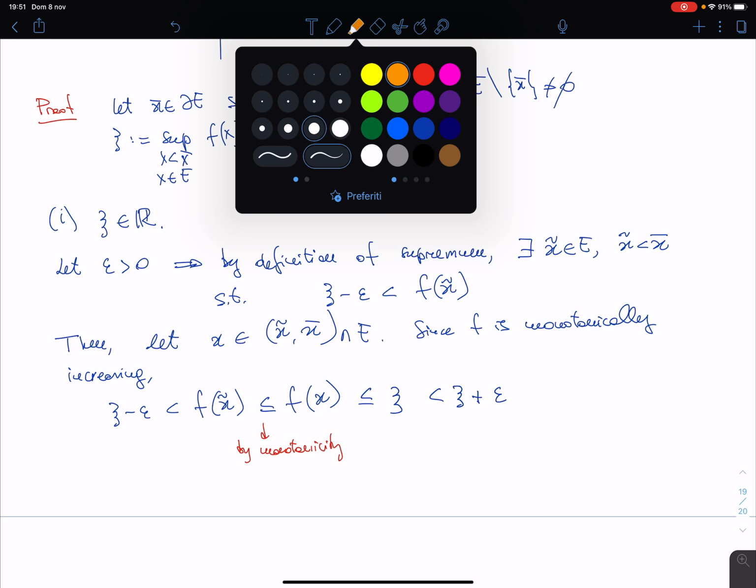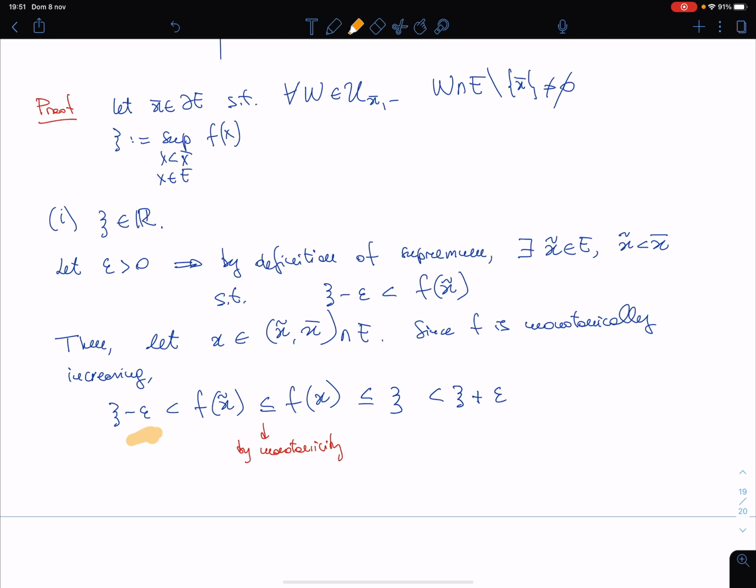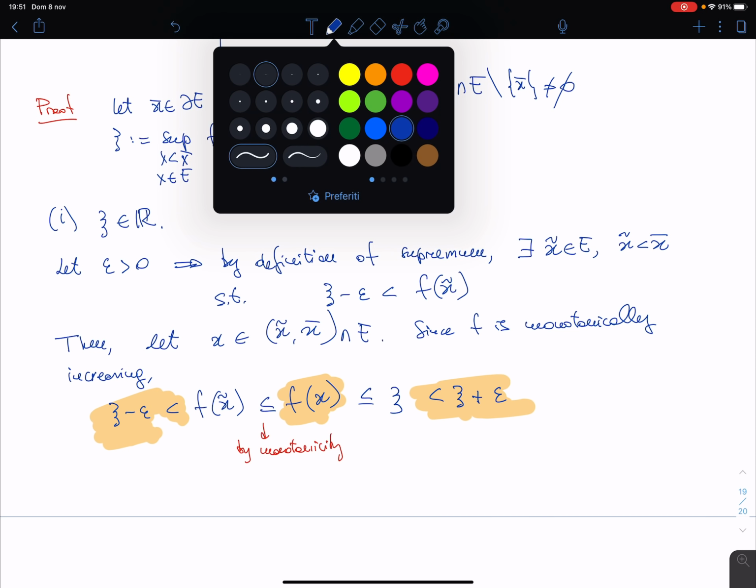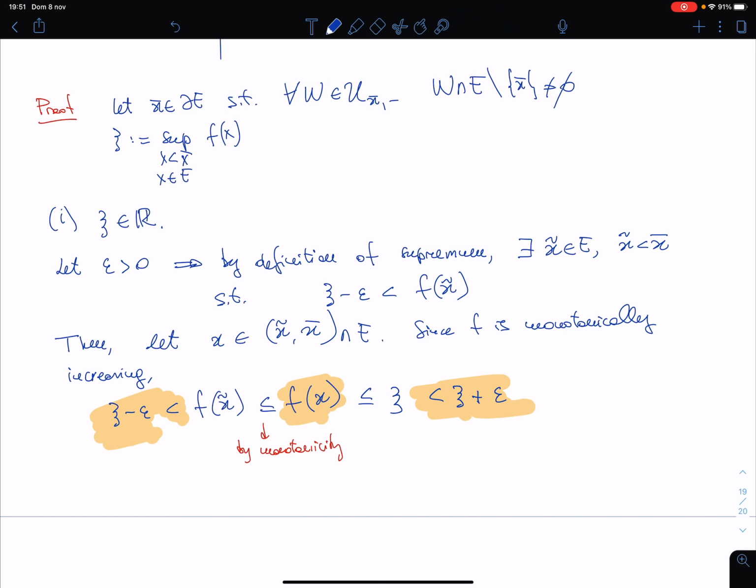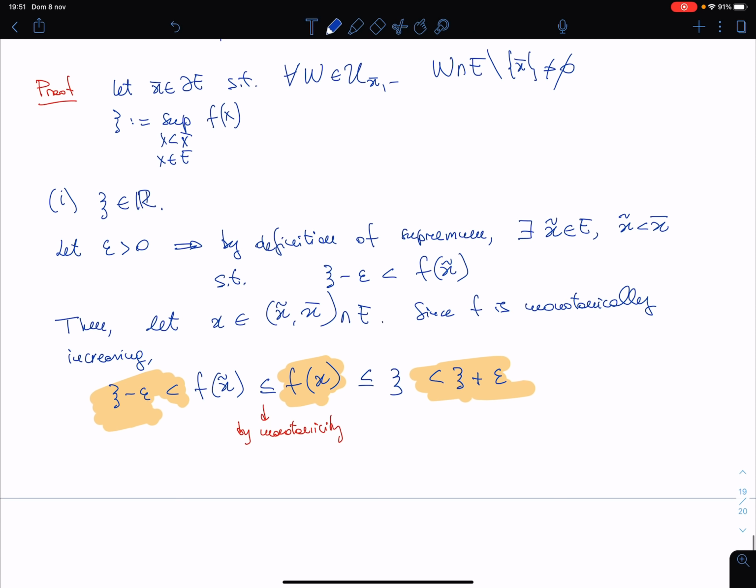I just want to stress what I'm using now: this chain of inequalities I put in evidence with orange color.